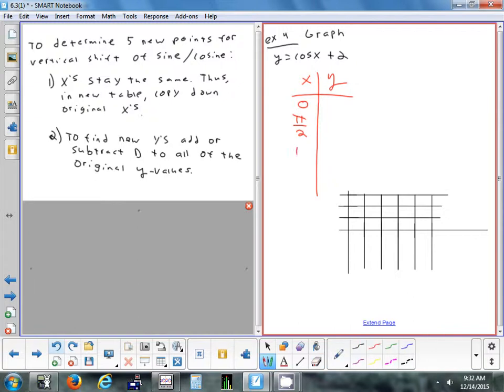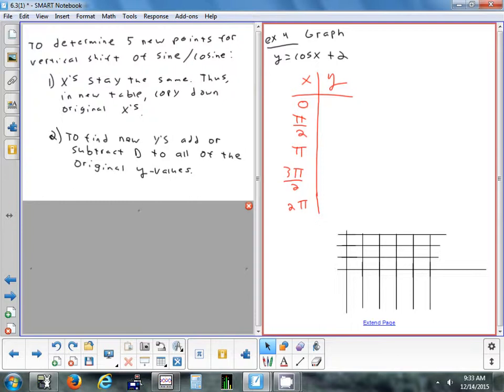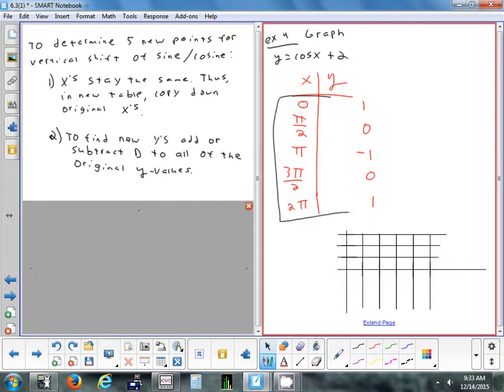So 0, pi over 2, pi, 3 pi over 2, 2 pi. And Jill, what are my y values for cosine? 1, 0, -1, 0, 1. Perfect. Okay, I'm just going to write them off to the side because those are not my final answers. I'm going to put my final answers in this table.